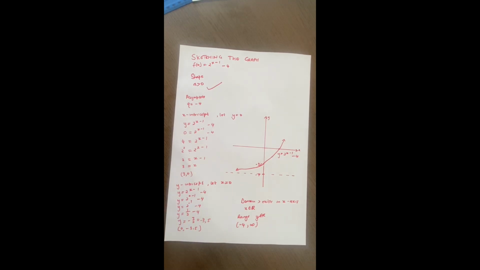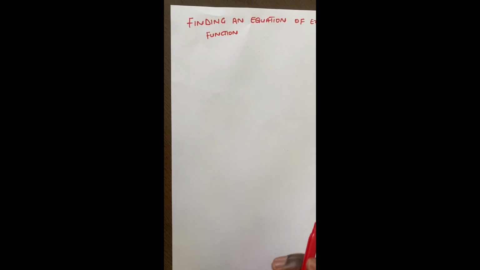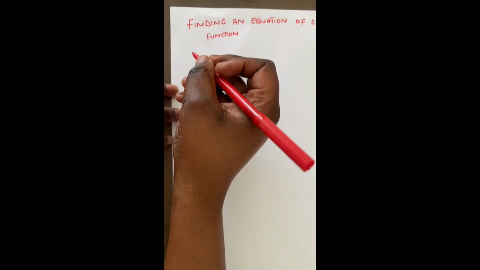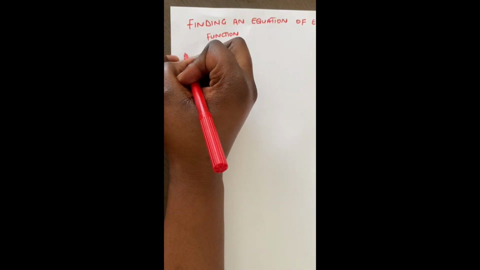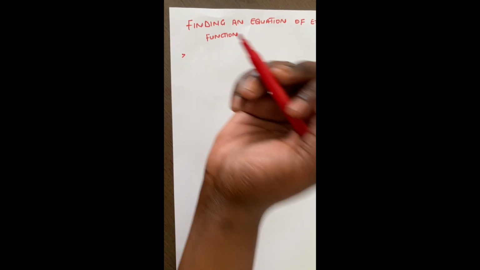Okay, so now we have to find an equation of an exponential graph. So I told you before that in order for you to find an equation, you have to be given something.